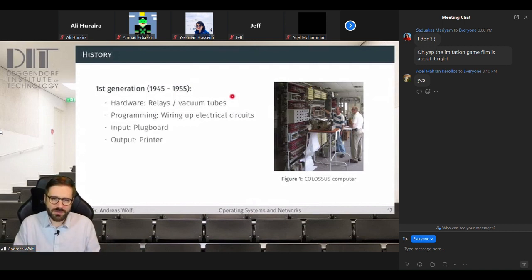And the way these wires were put into the plug board programmed the computer. So the input was a plug board, output was a printer. So you see it here, they had a printer and it printed out things. And obviously there was no operating system there, so directly hardwiring electrical circuits on this kind of computer.